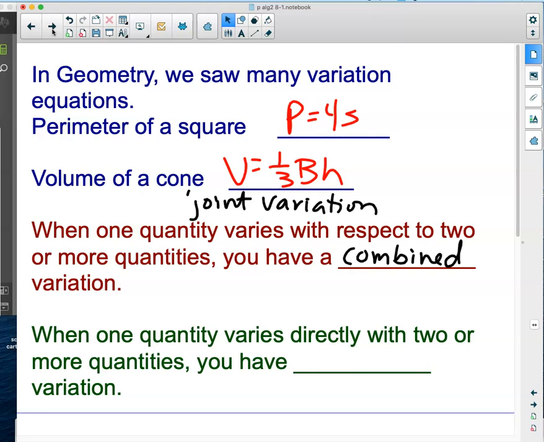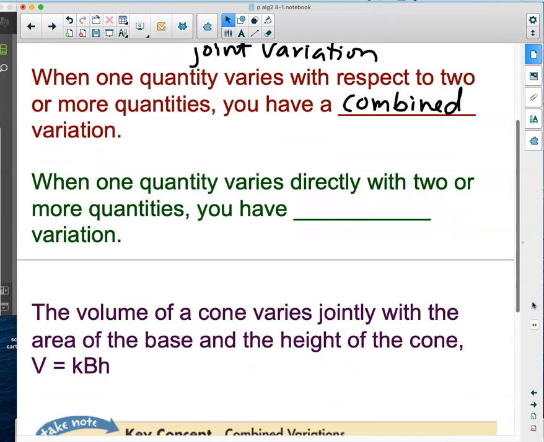When one quantity varies directly with 2 or more quantities, well, then it's not called direct variation anymore because direct variation is just kx. This would be called joint variation. So basically, joint variation is multiplication of more stuff. And we keep our eye out for inverse so that we know that we have to divide.